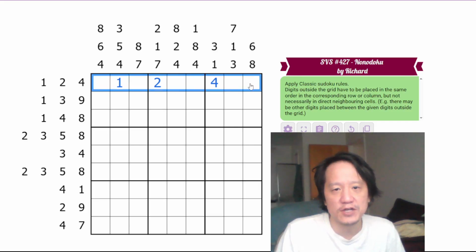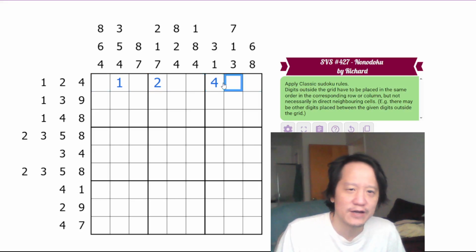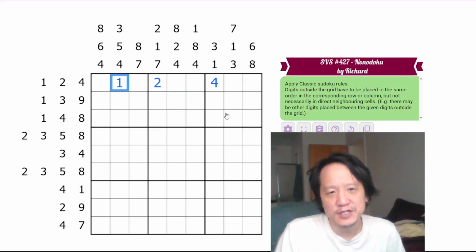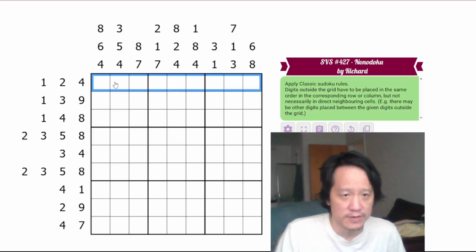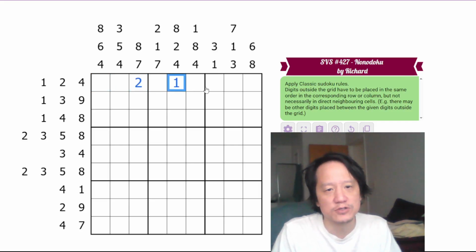So this is a valid example of this Nonodoku, I guess. Basically, the digits outside the grid must be in the order that it's specified in, right? So for row 1, it has to be 1, 2, and 4. It cannot be something like 2, 1, and 4.